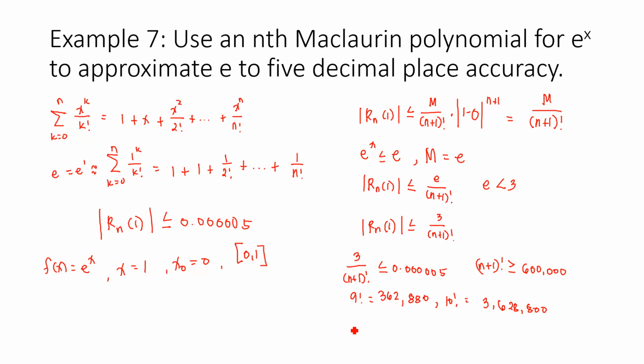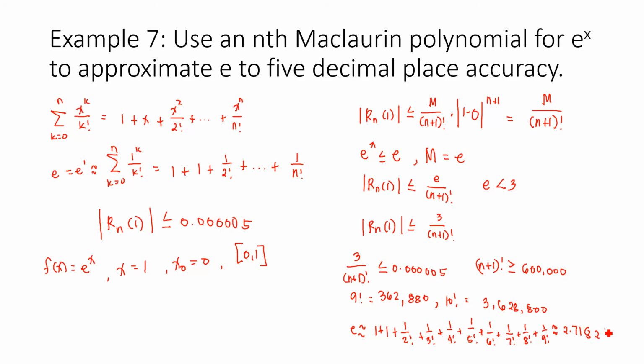so our e would be approximately equal to 1 plus 1 plus 1 over 2 factorial plus 1 over 3 factorial plus 1 over 4 factorial plus 1 over 5 factorial plus 1 over 6 factorial plus 1 over 7 factorial plus 1 over 8 factorial plus 1 over 9 factorial, which is approximately equal to 2.7128.